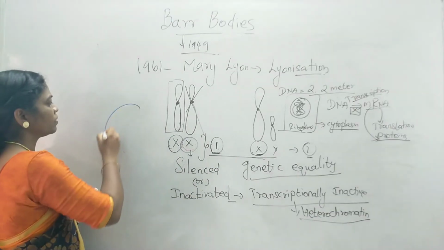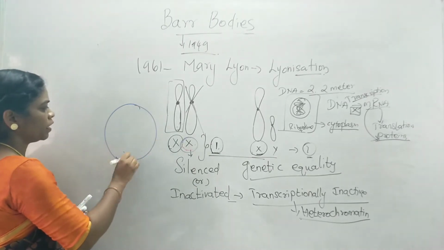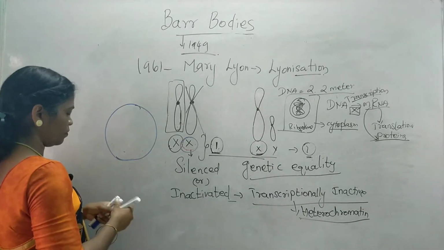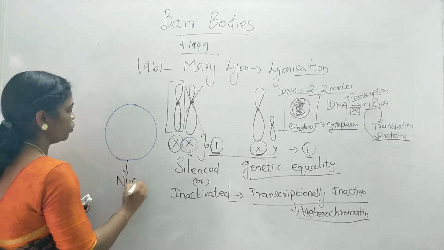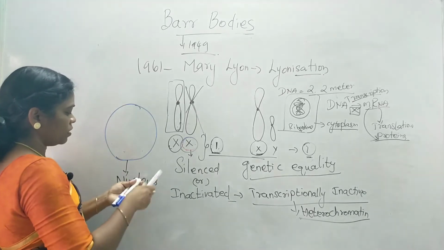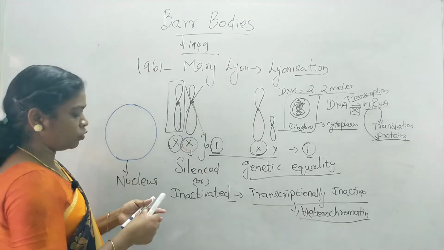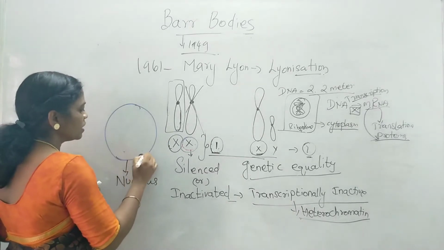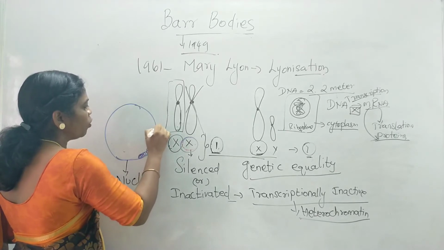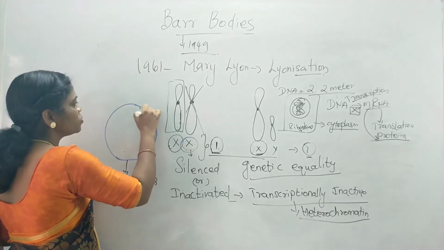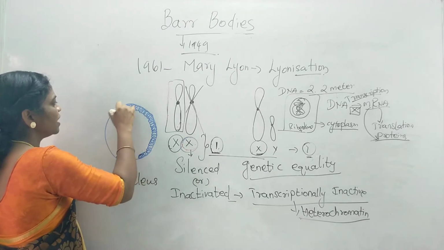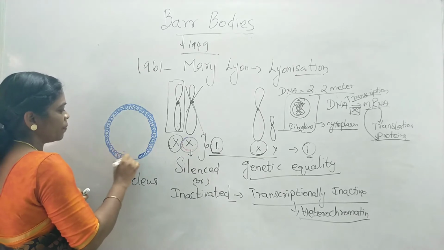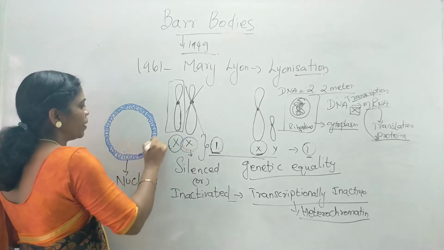I was drawing a diagram here. Imagine it is a nucleus. The outermost region, or the periphery of the nucleus, is packed with a tightly coiled or condensed structure on the corners, and these structures are tightly packed.